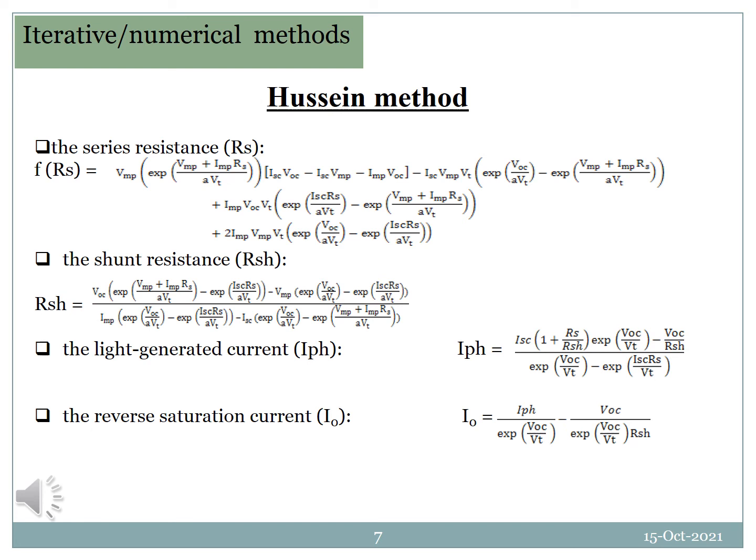Hussein presented a closed-form expression for the series resistance that is solvable numerically while increasing the value of the ideality factor in small increments. Based on the value of the series resistance obtained, the value of the shunt resistance, the light-generated current, and the reverse saturation current is determined by the expressions below.